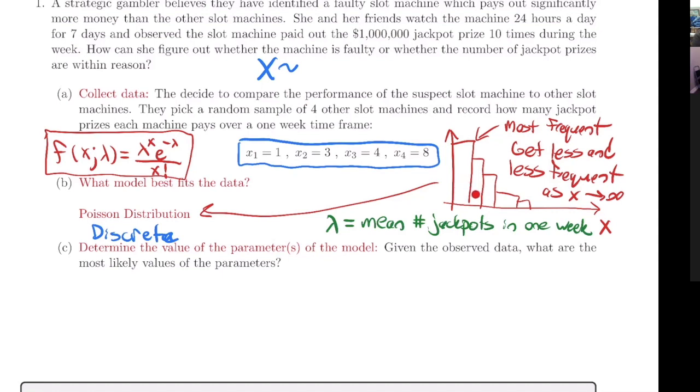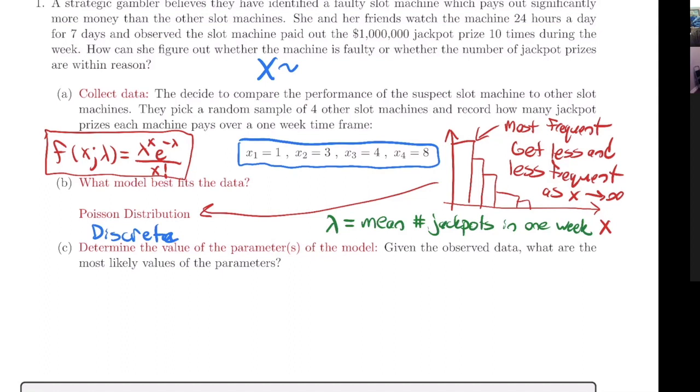It's a little less likely that it's going to pay out 2, and then even less likely to pay out 3. So as x gets large, the probability that x occurs gets smaller, right? It would be less likely to pay out 12 jackpots than 11 jackpots, because you would have to pay the 11th jackpot before being able to win the 12th.